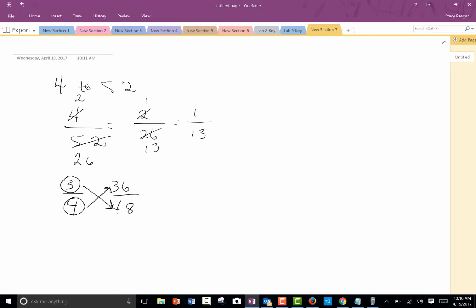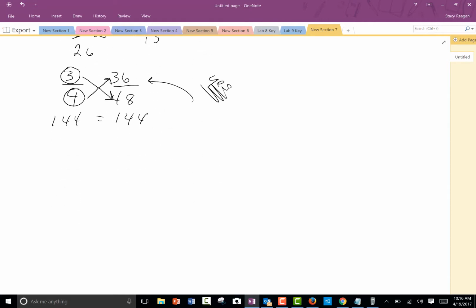So we take 3 times 48, and we get 144. And we take 4 times 36, and we get 144. So yes, it is a proportion. If, when you multiply those two, they're not equal, then they're not a proportion.